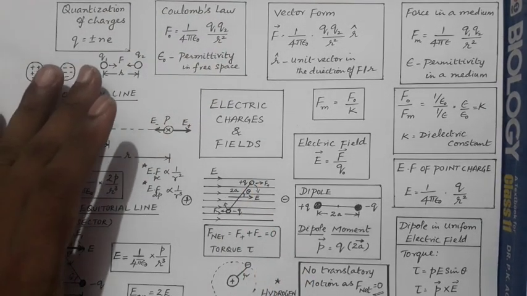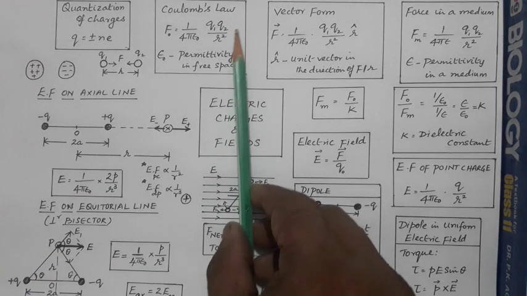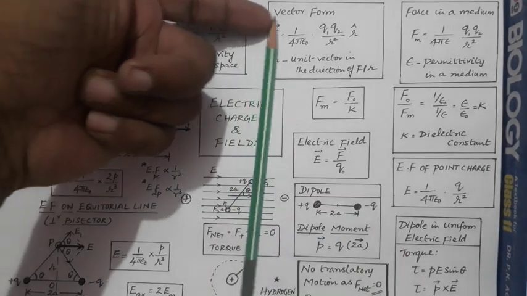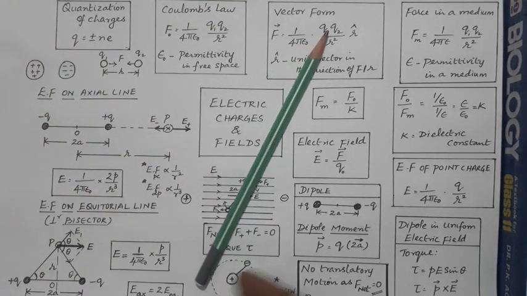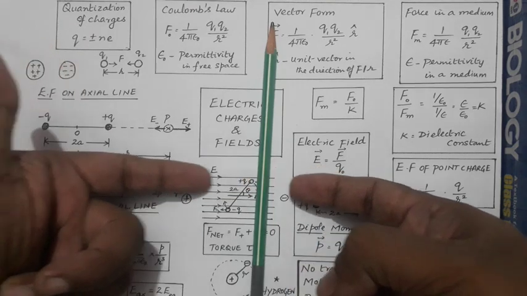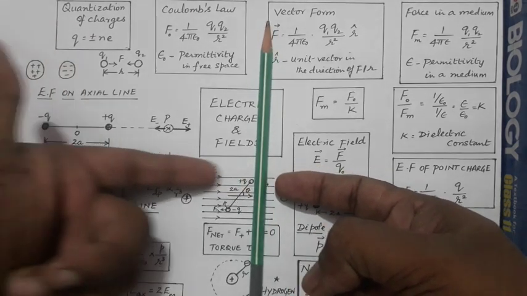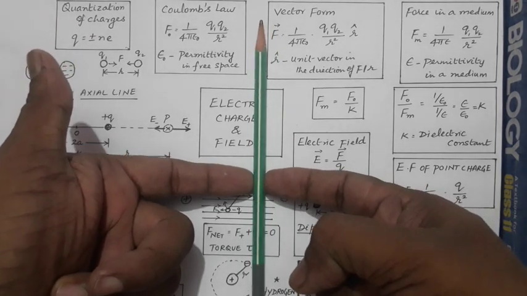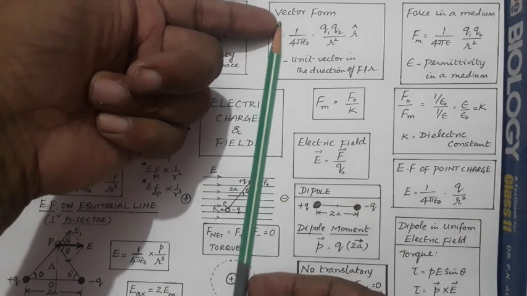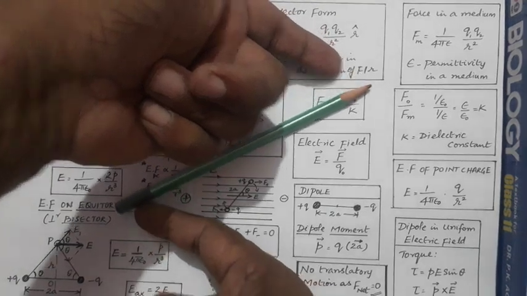Why is there no translatory motion? A force is acting here and a force is acting there, and the line of action is not the same. These forces are not acting in the same line, but they act at opposite ends, so it sets up a rotatory motion.